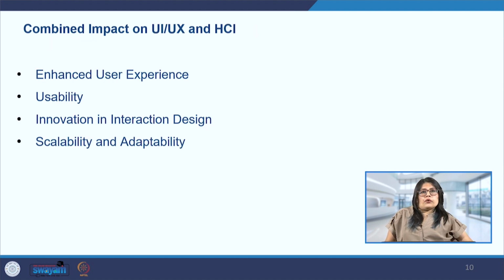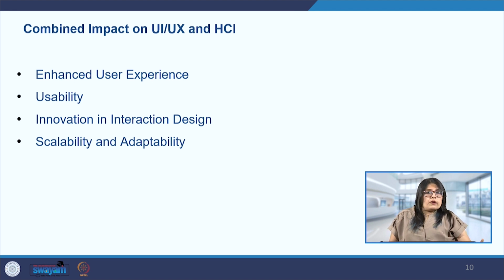So now the combined impact of this on UI, UX and HCI is these four basic points. The first being enhanced user experience. The combination of sufficient memory and the processing power allows the creation of sophisticated high quality interfaces which are visually appealing and also functionally sound.